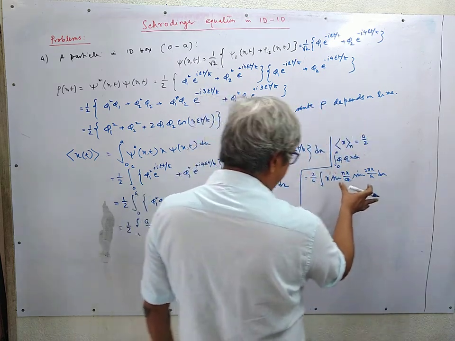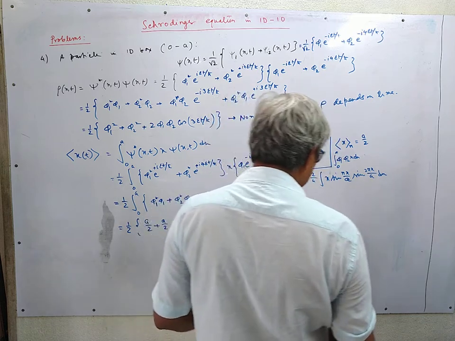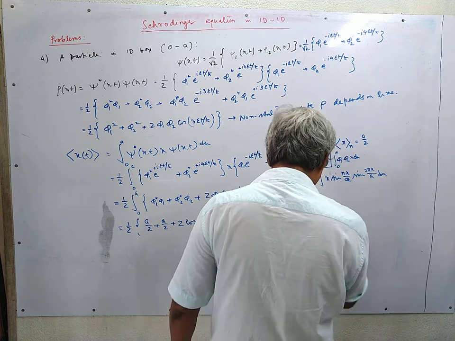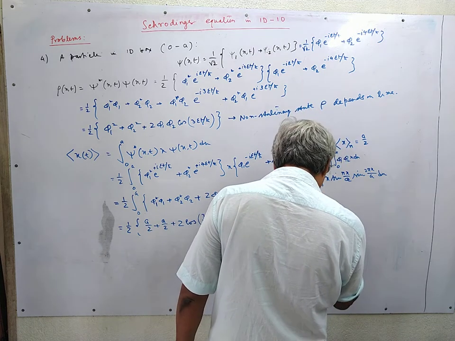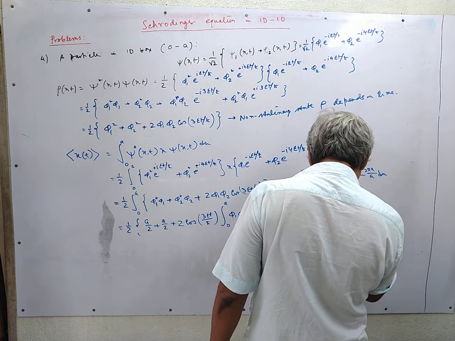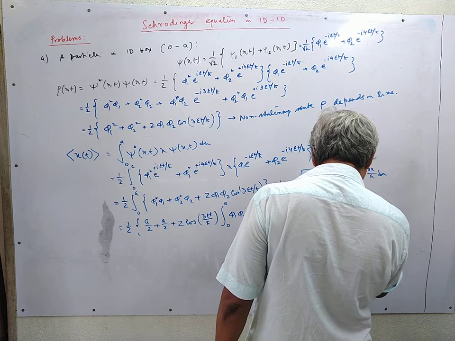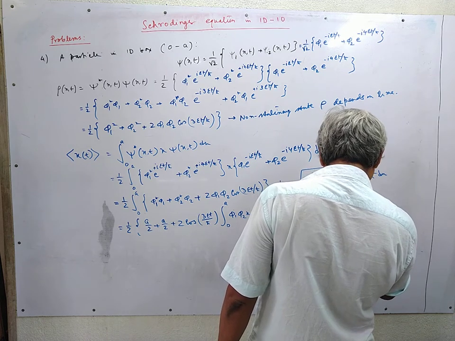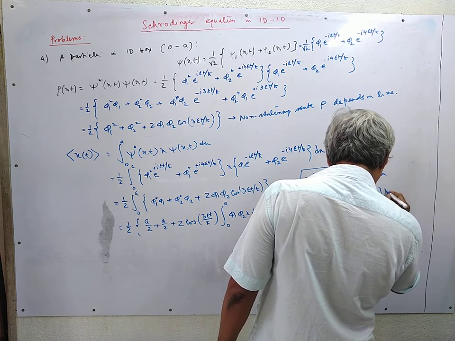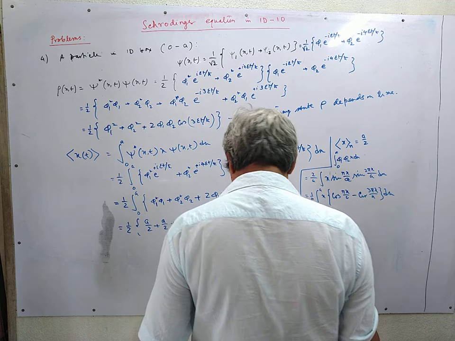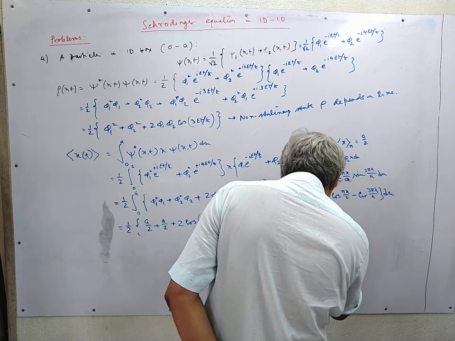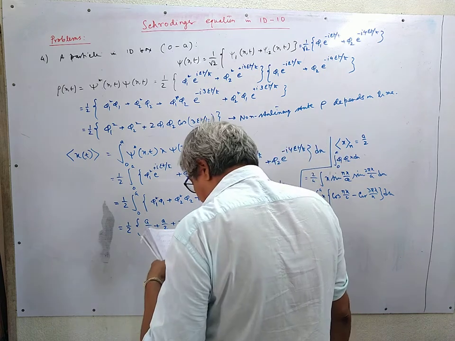This can be written in terms of 2 cos functions. This is equal to 1 by a integration 0 to a x times cos of the difference, so pi x by a minus cos of 3 pi x by a, dx, and when we integrate completely, this result comes out to be minus 8a by 9 pi squared.